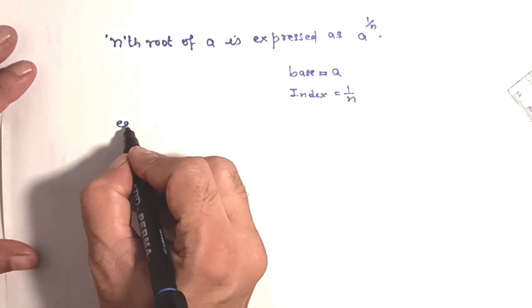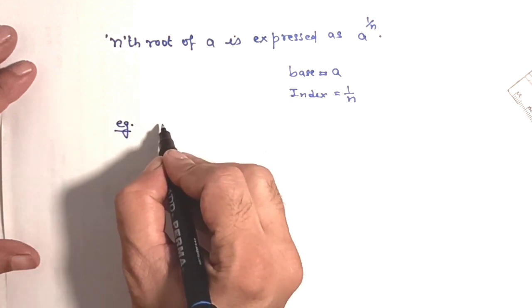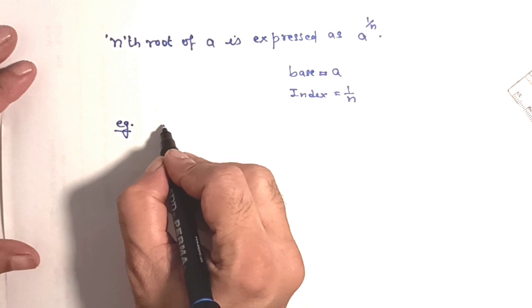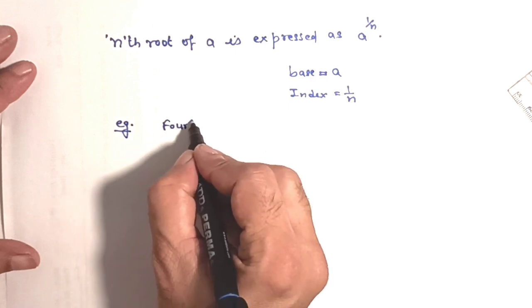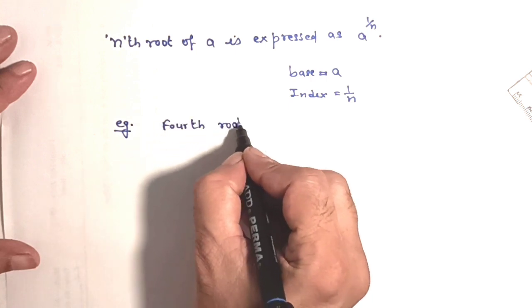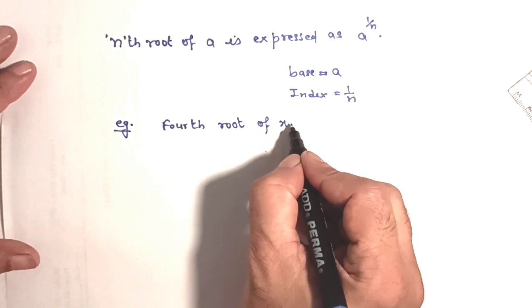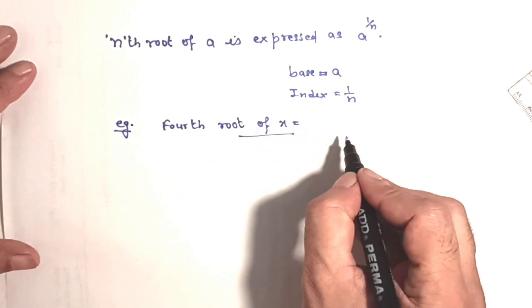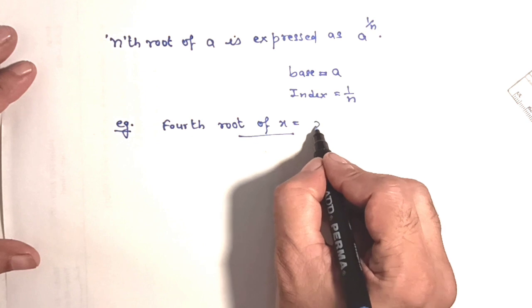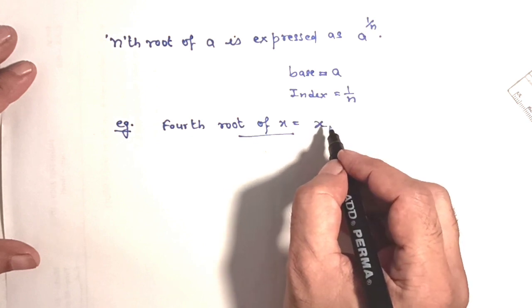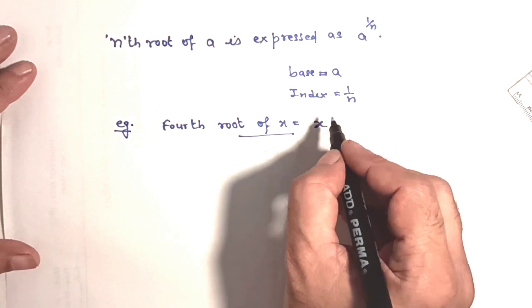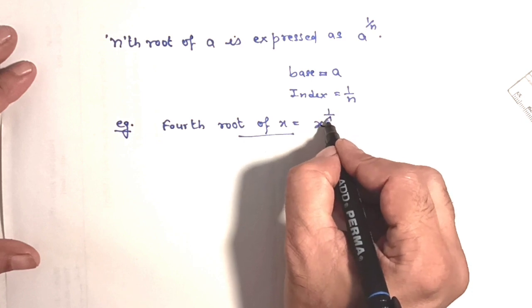Now I'll give one example. Suppose I say fourth root of x. So your base is x, right, bigger. And then fourth root, so 4. It will be 1 upon 4.